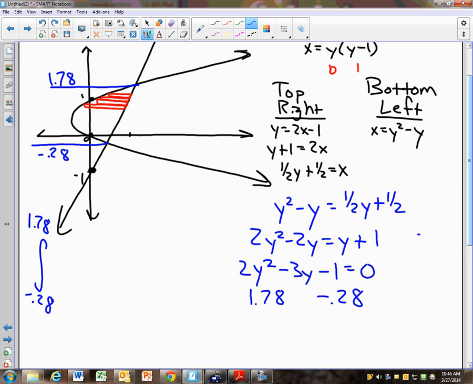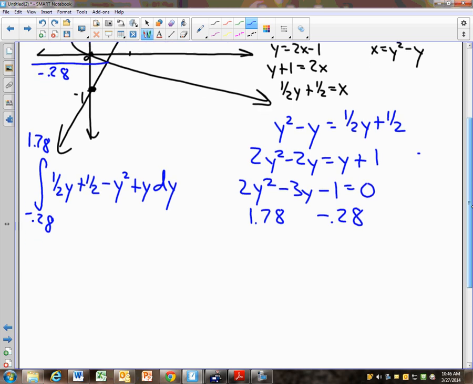Now we take the right function minus the left function, so we've got 1/2 y plus 1/2 minus y squared plus y dy.